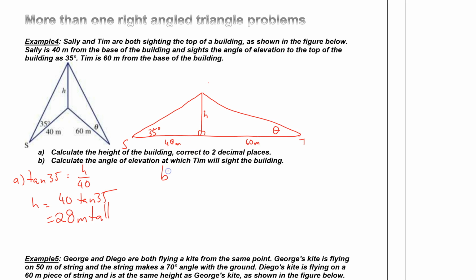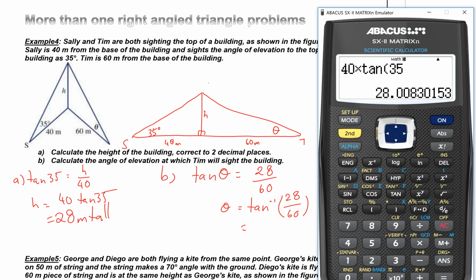Now for part B, now that I know what this is, again, I've got the opposite and the adjacent. So again, it's a tan question, but this time, tan theta equals 28 over 60. And theta is the inverse tan of 28 over 60. Back to the calculator.